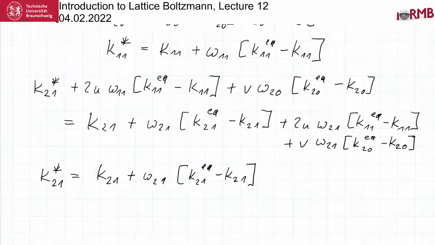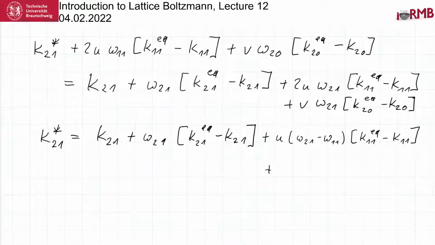Okay, so this is what we like to have, and in addition we have plus U omega 2,1 minus omega 1,1 into K1,1 equilibrium minus K1,1, plus V omega 2,1 minus omega 2,0 into K2,0 equilibrium minus K2,0.